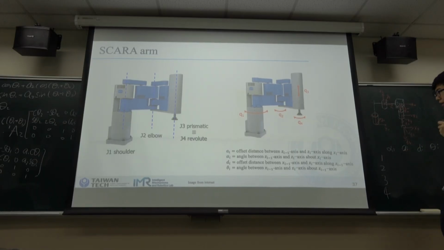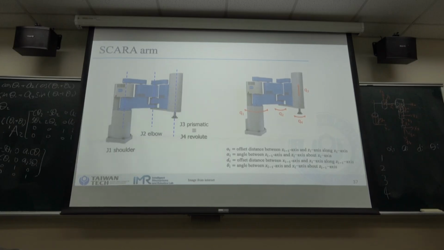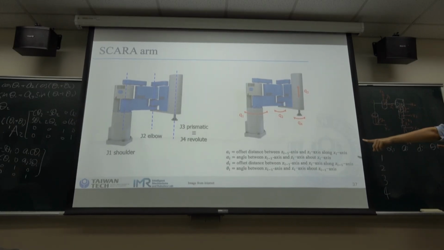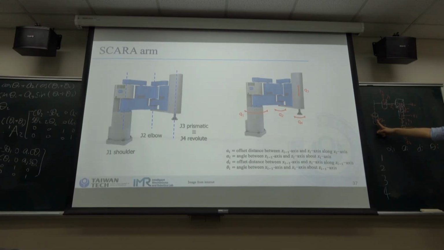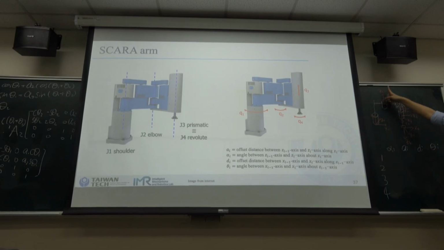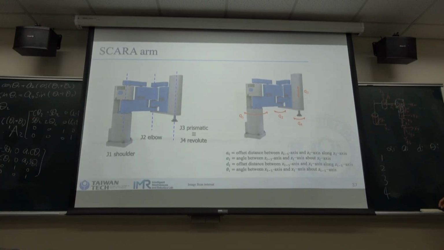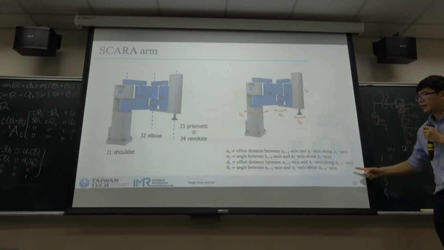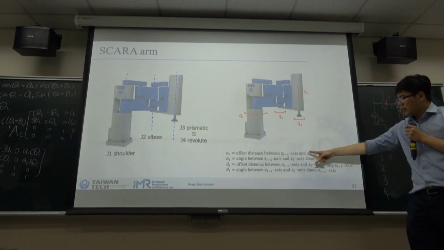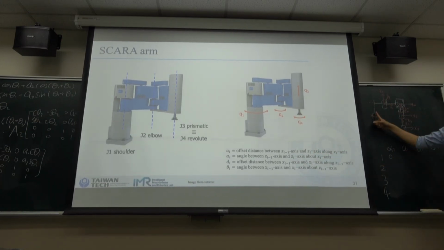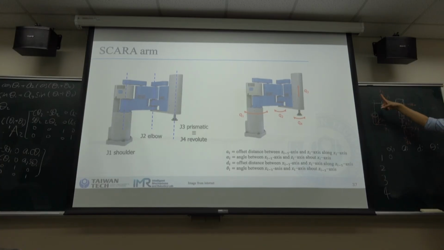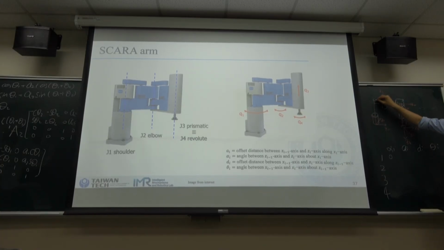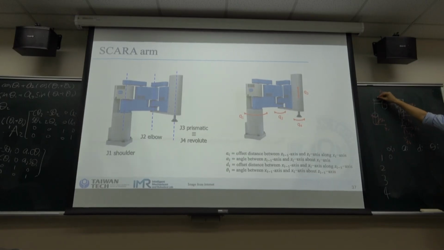So now we follow the first one. The alpha i is the angle between Z0 and Z1 about x1. Z0 is pointing upward, Z1 is pointing upward too, so they are in the same direction. So alpha 1 is 0. And a1 is the distance between Z0 and Z1 along x1, so it's this distance.